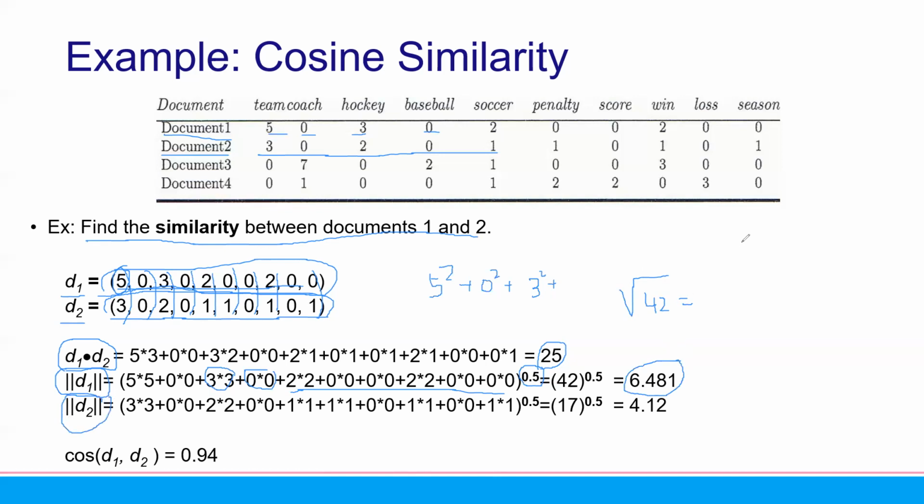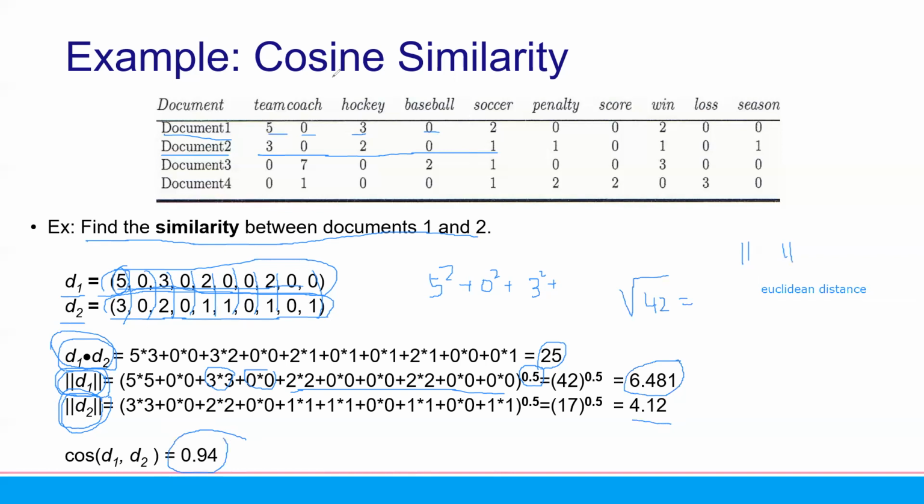So this double line is the same as the Euclidean distance. Okay. So it's the same formula as the Euclidean distance. And we get the value of 4.12. Then we have the D1 dot D2, and we have the length of D1, and we have the length of D2. So we can just fit them into the formula, and the result is 0.94.